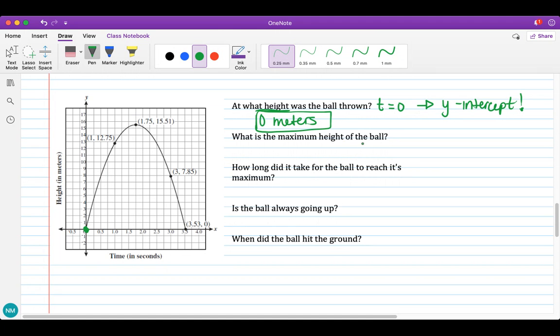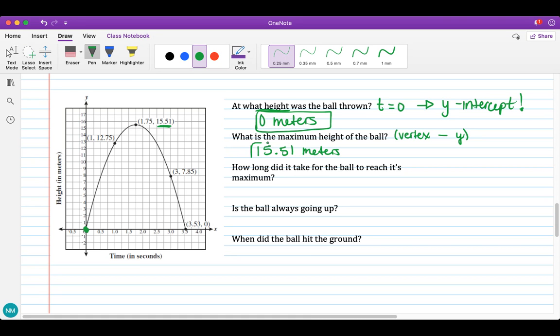What is the maximum height of the ball? So is that X or Y? Y. What point are we dealing with here? Well, we're dealing with the vertex, but we're dealing with the Y value of the vertex. And so my vertex is given, thank God, and here it is: 15.51 meters.